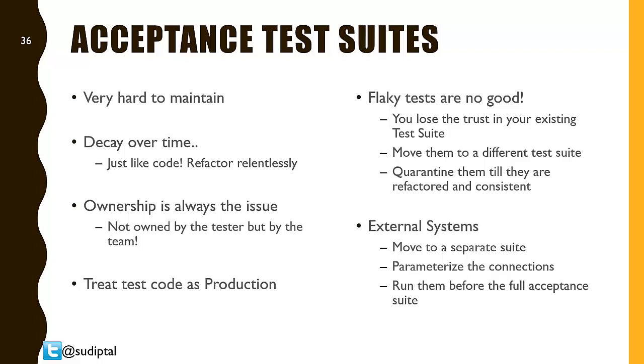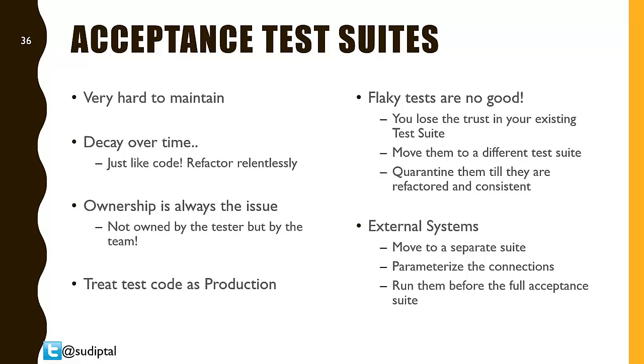Flaky tests are no good. I've seen time and again that people have an acceptance test suite, they do the run, and then they say, well, I'm not sure. There are some test cases that sometimes succeed, sometimes fail. That situation is very flaky because it doesn't give you confidence.